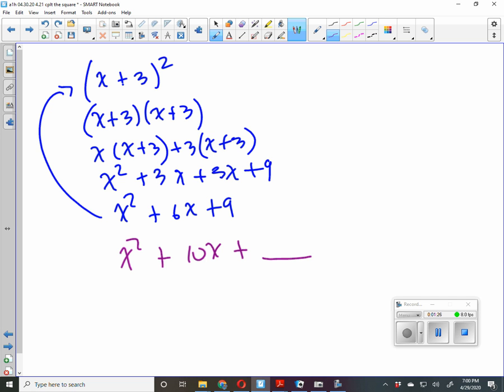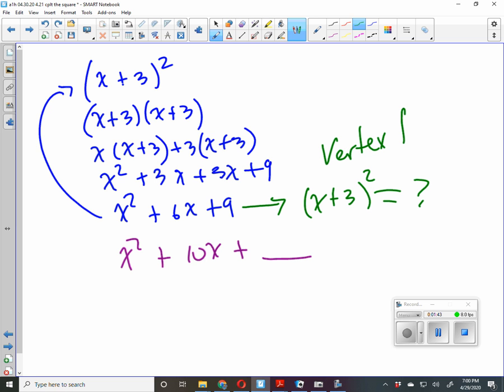Keep in mind the reason we want a perfect square is because I can put this in the x plus 3 squared form, which will put it in vertex form. So we're going to practice completing the square with the ultimate goal of putting quadratic equations in vertex form.